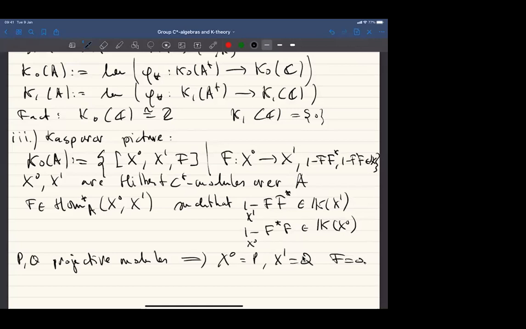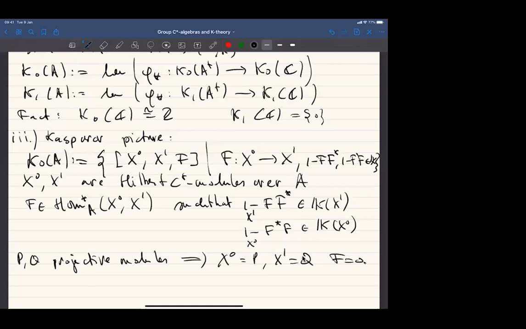The reason that the Kasparov picture is useful is mainly technical in proofs, and that's why I want to mention it. I will use it once when we discuss Morita equivalence, but it unifies the pictures of K-theory, and it puts emphasis on operators on Hilbert modules.